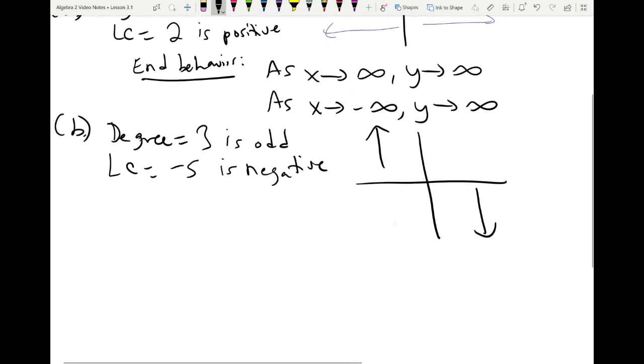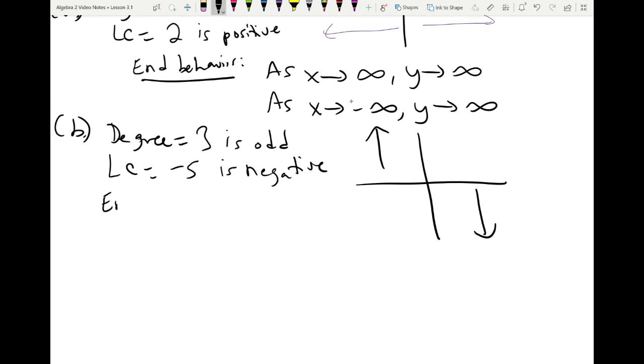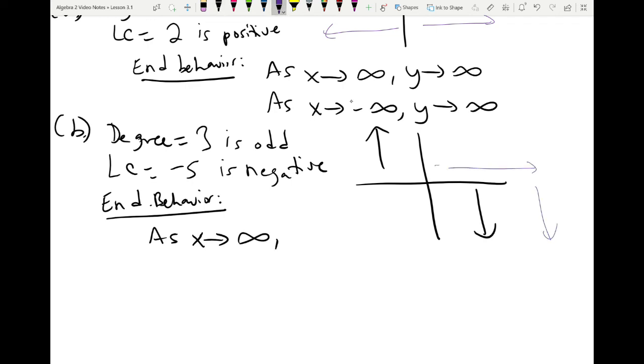So in that case, as x approaches positive infinity, y approaches negative infinity. As x approaches negative infinity, y approaches positive infinity.